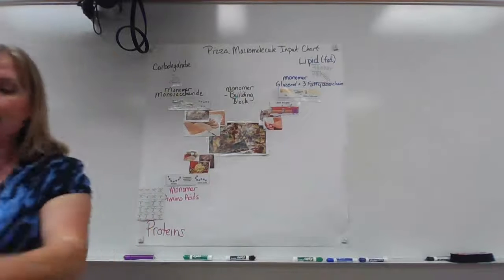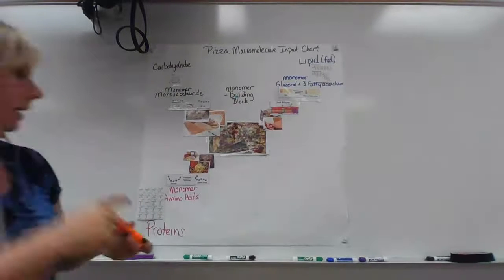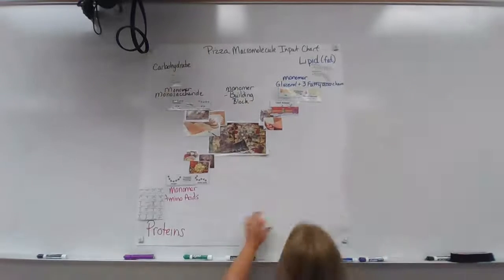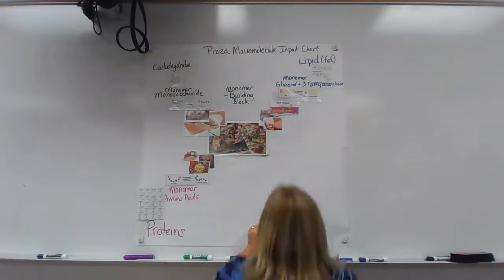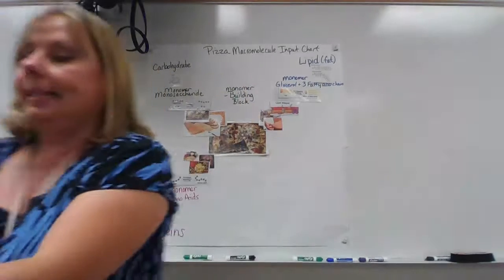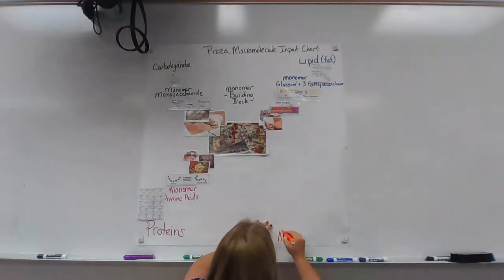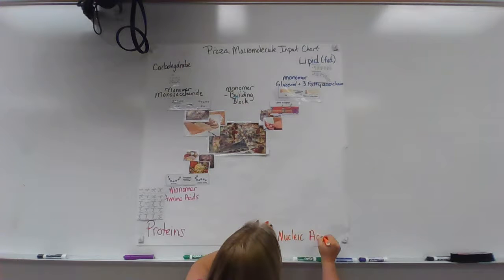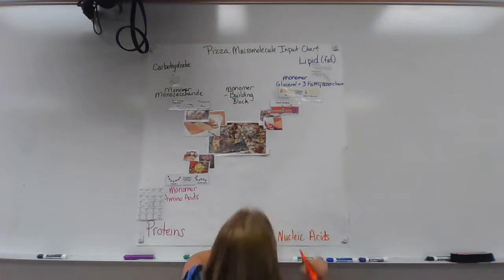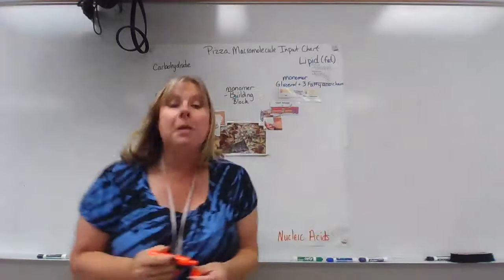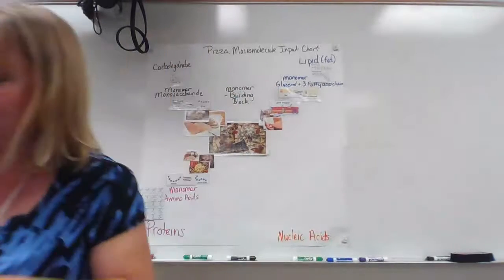Okay. And our last macromolecule are called, oh, that's a highlighter. I don't want a highlighter. Okay. Our last one is called nucleic acids. And these are, in fact, my most favorite molecule.